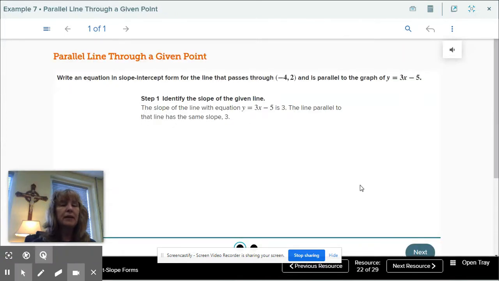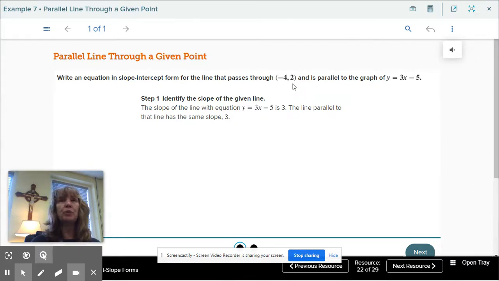So what does this mean when you just have numbers, like in our examples yesterday? They've given us an equation in slope-intercept form, and it gives us the ordered pair. This is where the line passes through. On the graph, you would plot the point -4 on the x and 2 on the y.